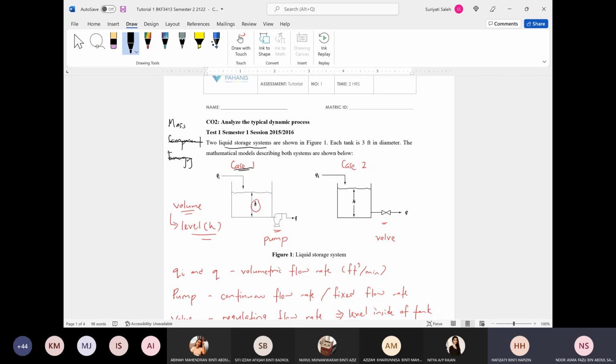In this case, it's just Qi, H, Q. No T, no X. So that means you don't need to concentrate on the energy and the component balance. The only balance that matters in this case will be the overall mass.